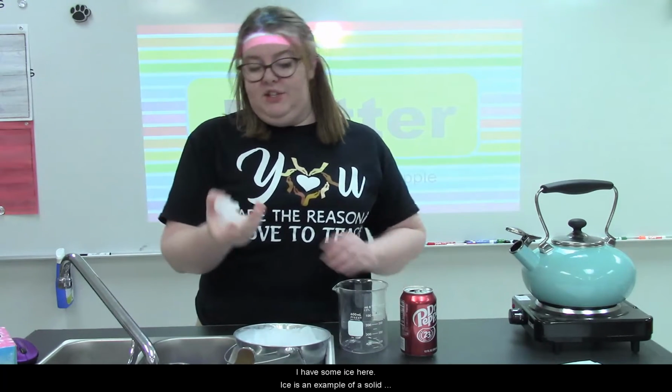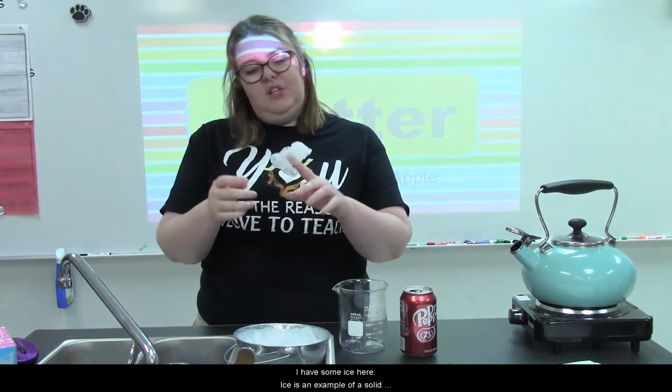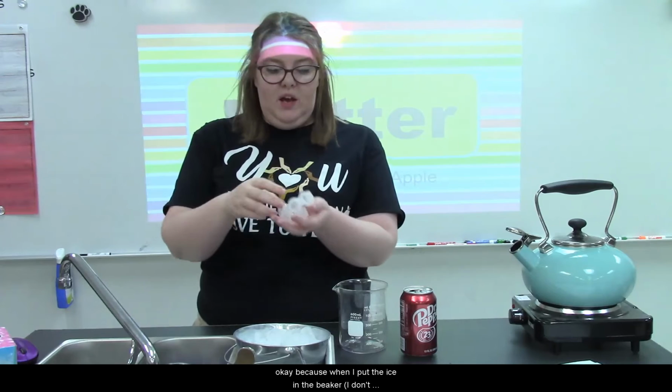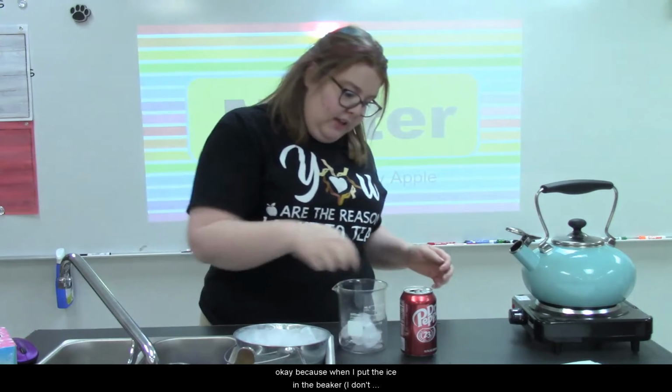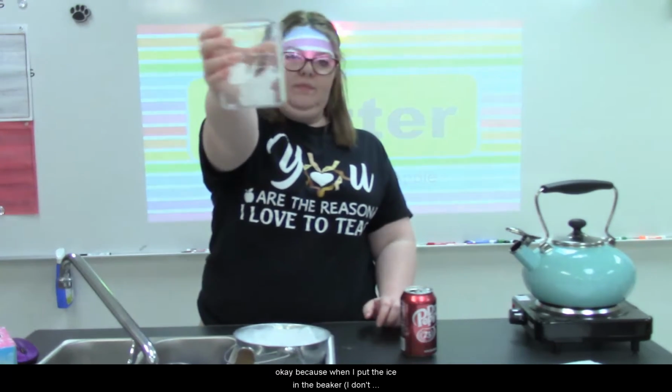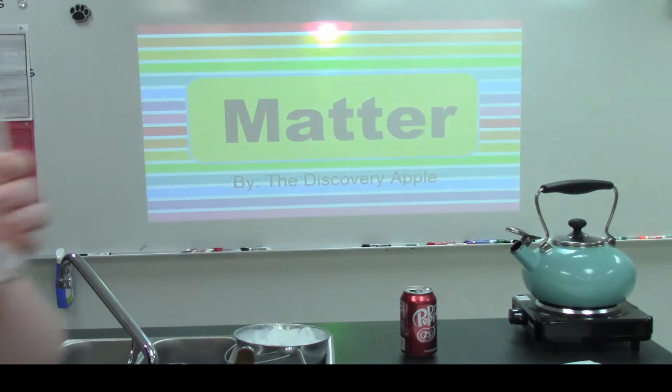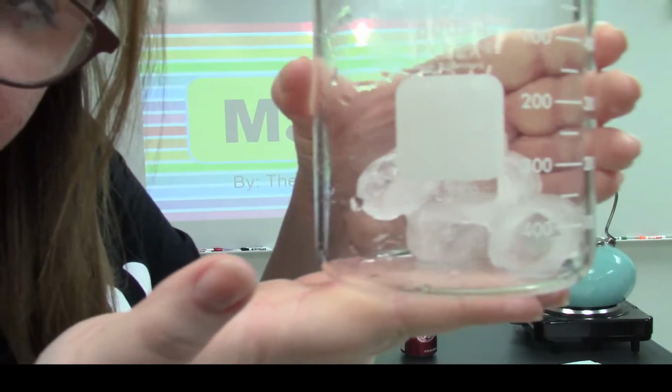I have some ice here. Ice is an example of a solid, because when I put the ice in the beaker, I don't know if you can see that here, one second. There we go.